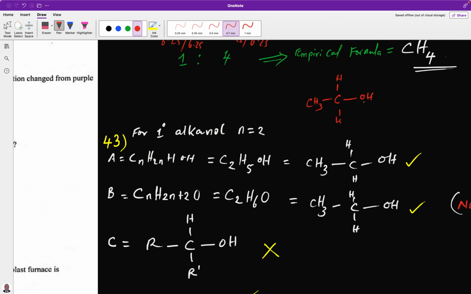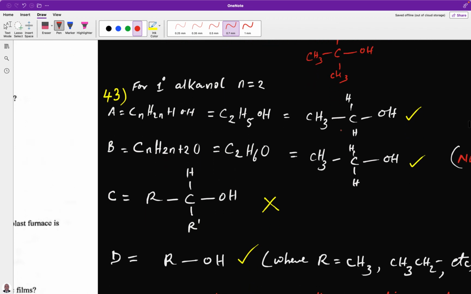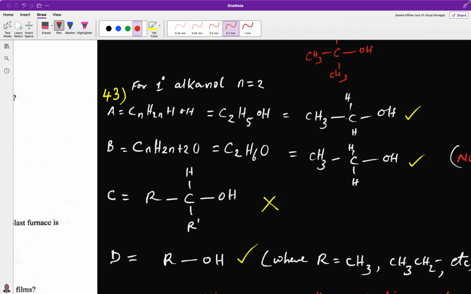This is now a primary alcohol. When we substitute another hydrogen with CH3 again, 2 hydrogens have been substituted. In this case, we now have a secondary alcohol. And finally, if we substitute the last hydrogen, 3 of the hydrogens have been substituted. This is a tertiary alcohol. So in A, one of the hydrogens has been substituted, so this is a primary alkanol.